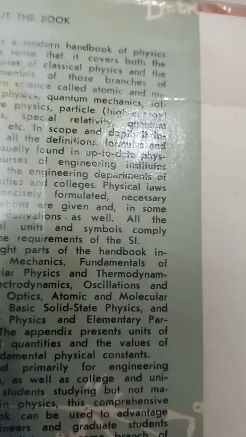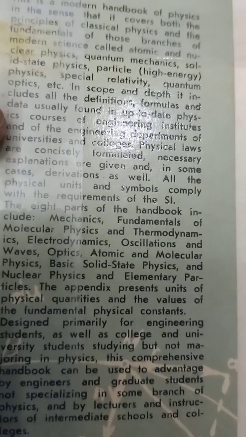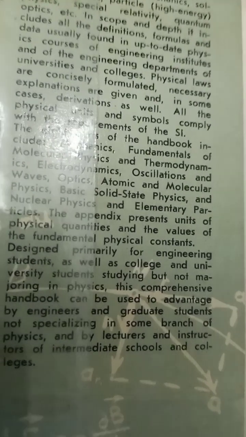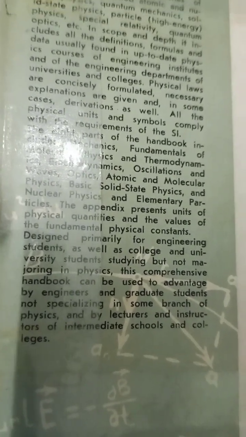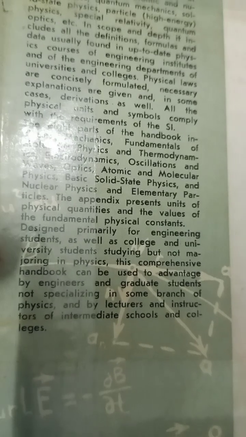And here the book has a description of what topics it is going to cover. It covers our usual classical physics, quantum mechanics, relativistic physics, and high energy particle physics, as well as fundamentals of molecular physics, thermodynamics, oscillations and waves, solid state physics, and elementary particle physics.